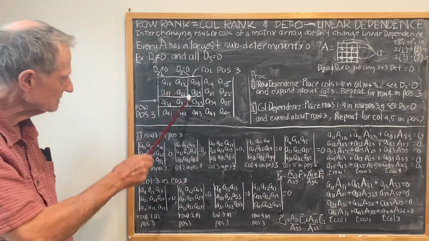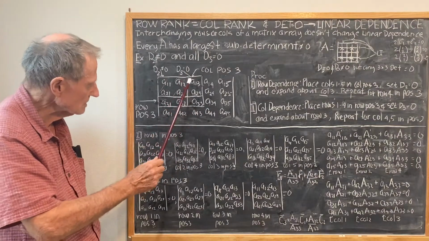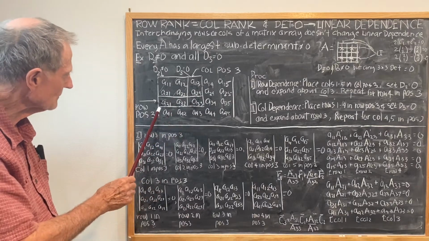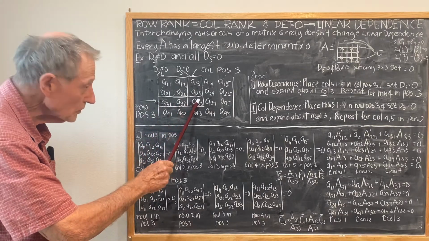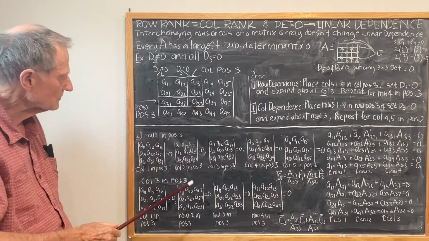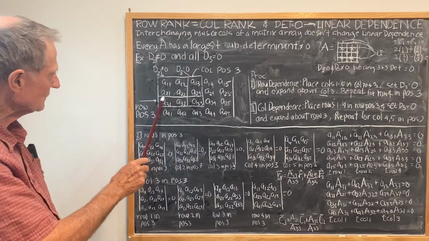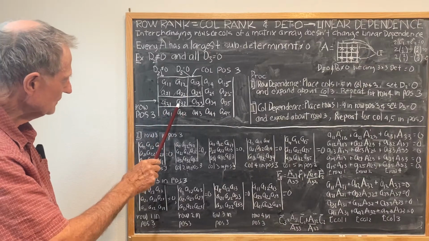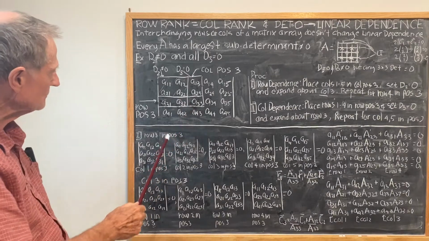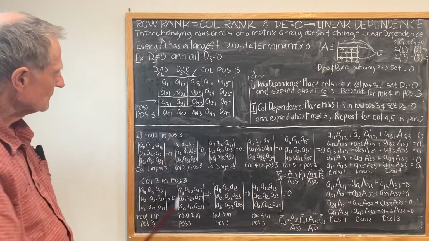Now to get the column relationship, the linear dependence of the columns on columns 1 and 2, I know to begin with that if I expand the determinant about the third row here, then I get that A31 times cofactor A31 plus A32 times cofactor A32 plus A33 times cofactor A33 is equal to 0, which lets me solve for A33 in terms of A31 and A32.